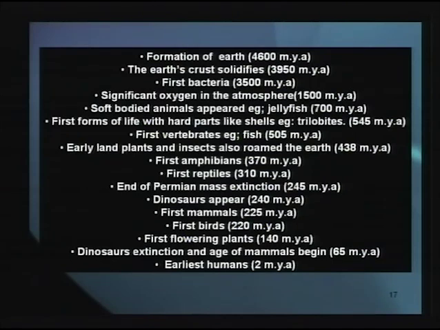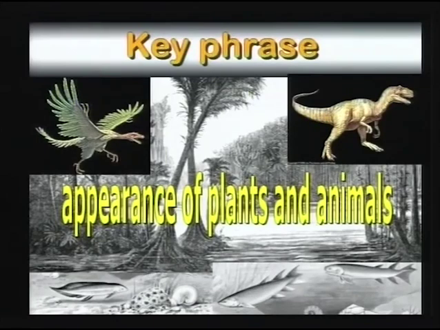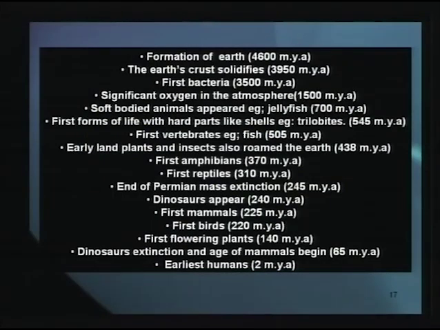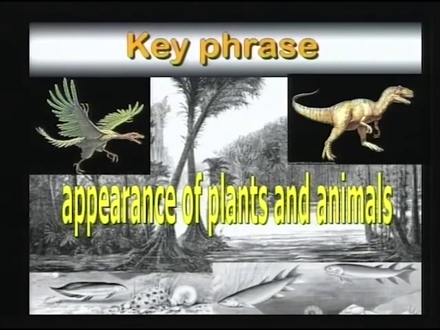All right, we now will go on to our key phrase for today's lesson. Your summary is the timeline. After you arrange all your events in order, that's your summary. You will transfer that onto your workbook. Our key phrase for today's lesson: appearance of plants and animals.